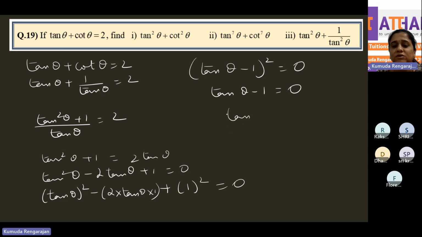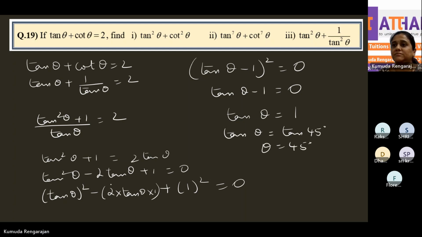So tan theta is equal to 1. When is it 1 in the tan table? Tan 45 degrees. So on comparing both sides, theta is equal to 45 degrees. So we found theta.